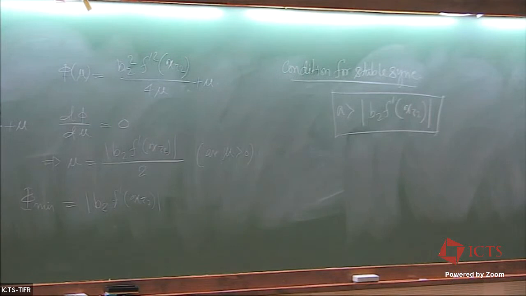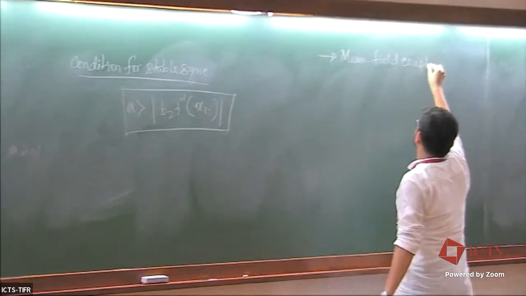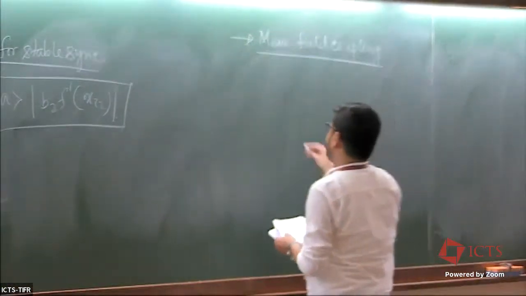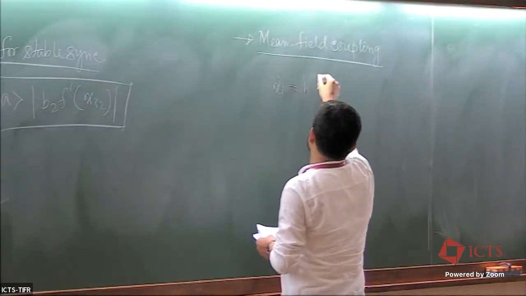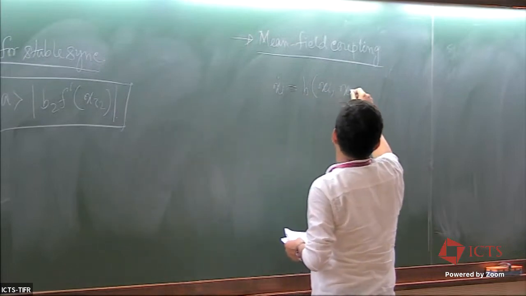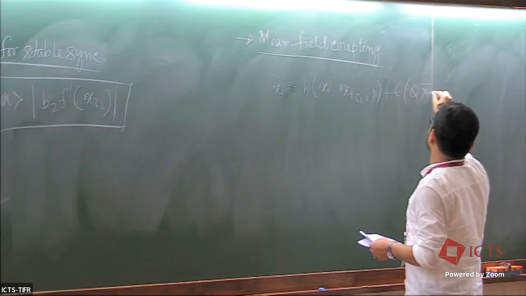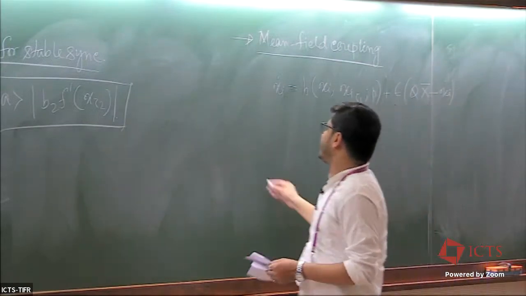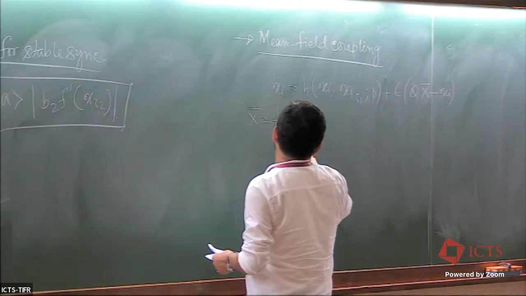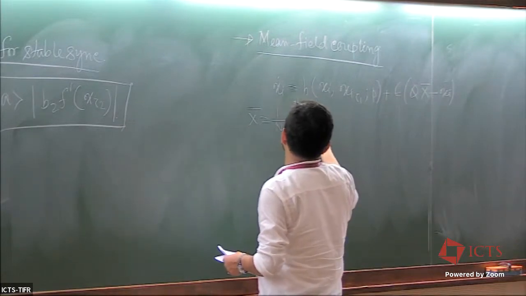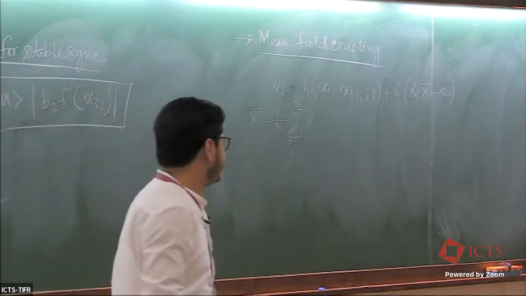If we consider another type of coupling, suppose mean field coupling, the equation may be given as xi dot is equal to h of xi, tau i and some parameter p, plus epsilon q x bar minus xi, where x bar is equal to 1 by n summation over j equals 1 to n of xj. That is, the mean field coupling is applied here.